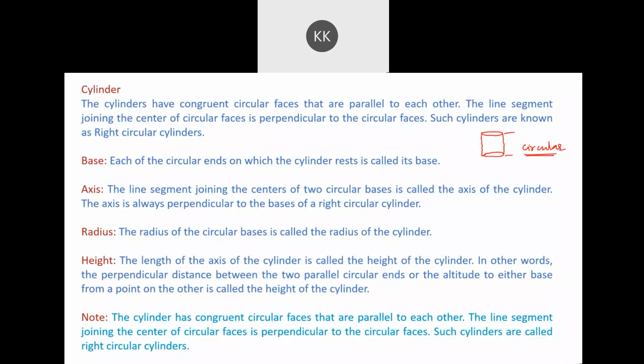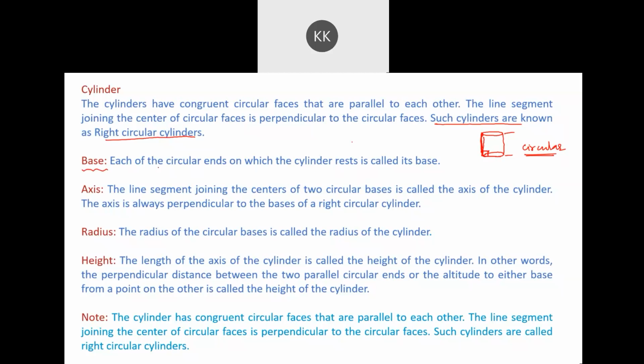In case the line segment representing the curved surface is perpendicular to the base, we say that this is a right circular cylinder. This concept of right circular cylinder you will come to know in class 9th. For class 8, you must just remember that a cylinder will be having 2 circular faces. Alright, this is extra information. Right circular cylinder.